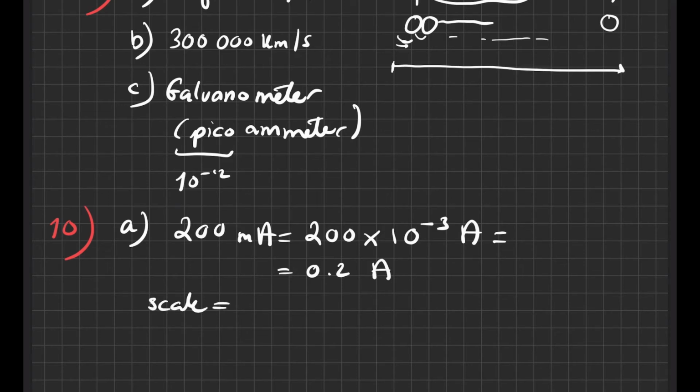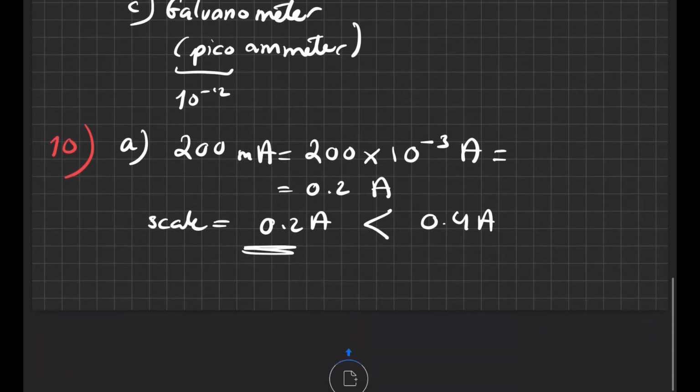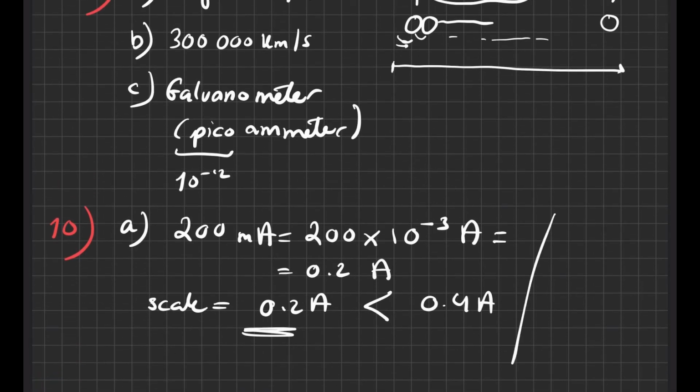For a scale of 0.2 amperes, the maximum value that it can measure is 0.2. So can it actually measure a 0.4 ampere current? No, because 0.4 is greater than 0.2. So part A is false.